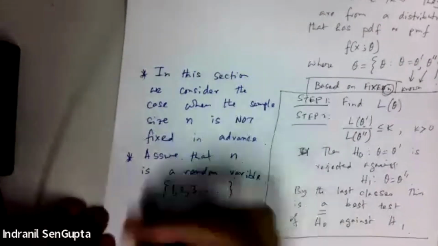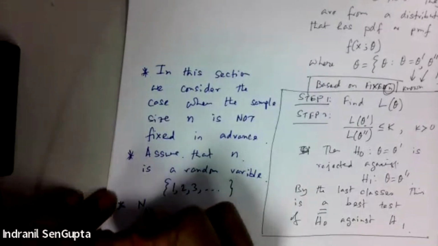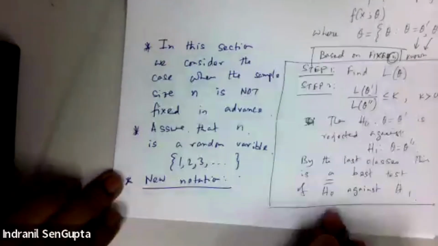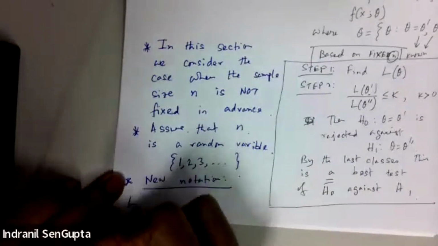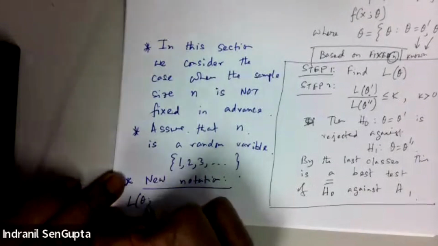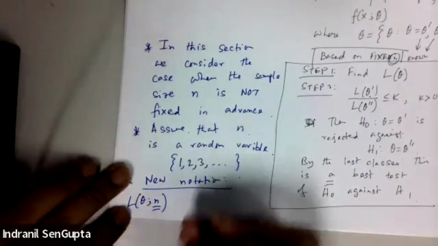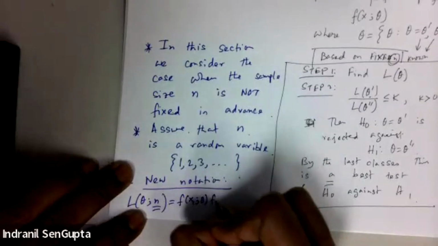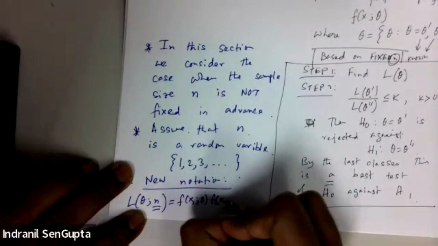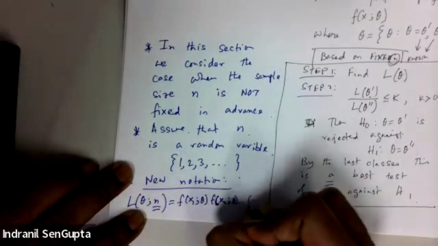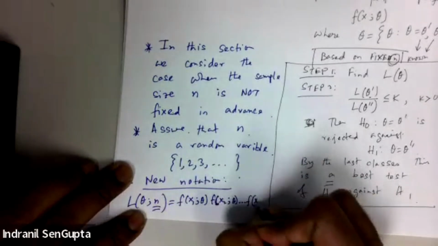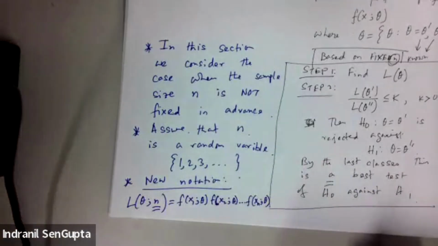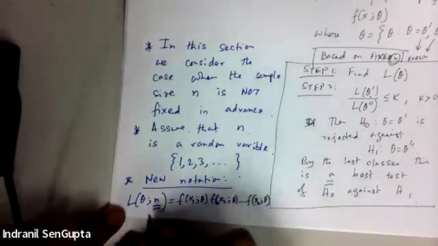So the new notation for this section will be denoting L(theta, n), which is really f(x1, theta) f(x2, theta), all the way up to f(xn, theta).